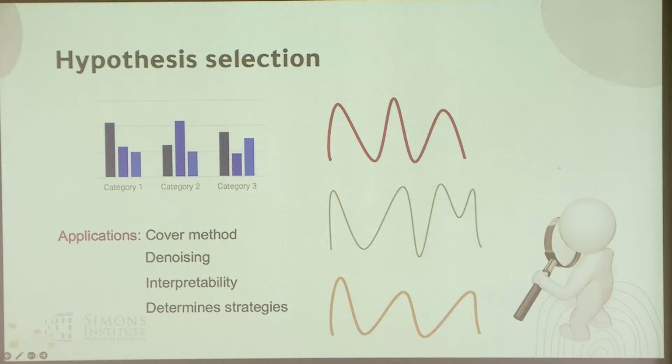Another practical application: for example, you have a bunch of density functions that are interpretable, or you can have an actionable strategy if your data is coming from those distributions, or these are the true clean distributions, and you want to figure out what would be the closest thing to the underlying data distribution. So you could denoise, or you can interpret the underlying distribution.